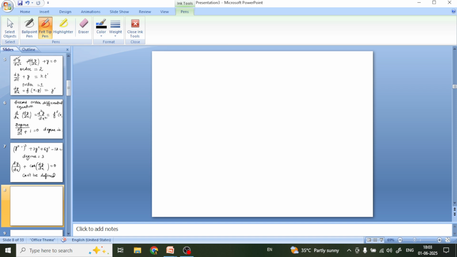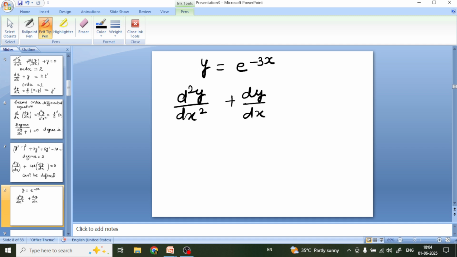How to solve an ordinary differential equation? For example, you are given y is equal to e raised to power minus 3x, and you have to verify whether this is a solution to the differential equation d square y over dx square plus dy over dx minus 6y is equal to 0, yes or no. For solving this, first of all write the function.